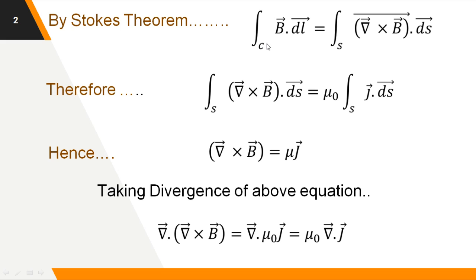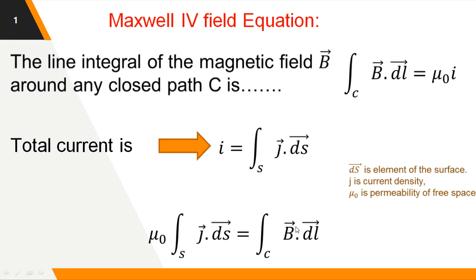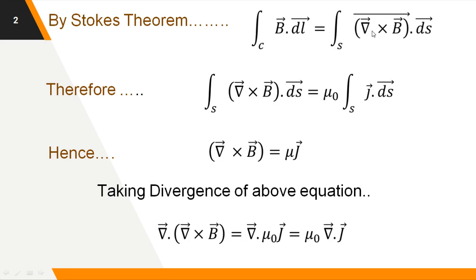According to Stokes theorem, B dot dl is equal to del cross B dot ds. So in the place of B dot dl in the previous equation, I write del cross B dot ds equal to mu naught J dot ds. Therefore, you can equate both surface integrals.